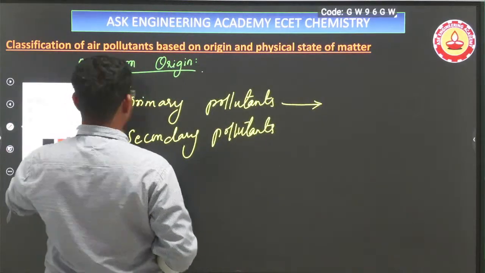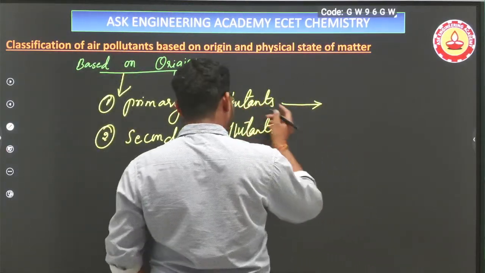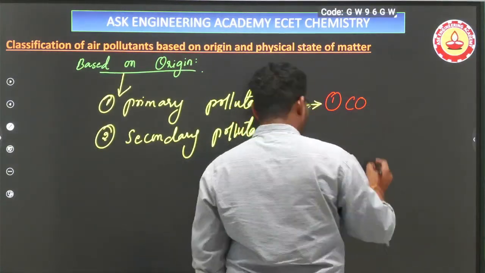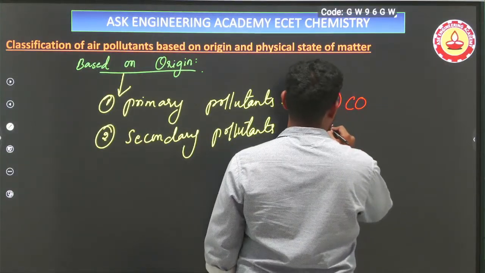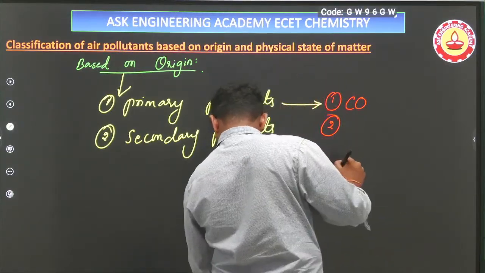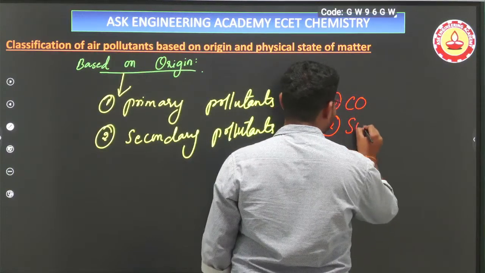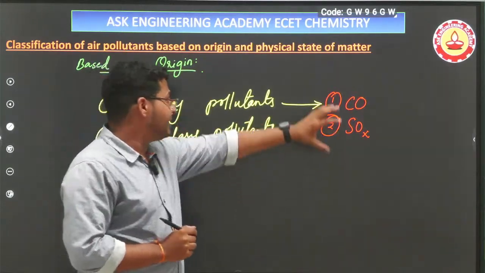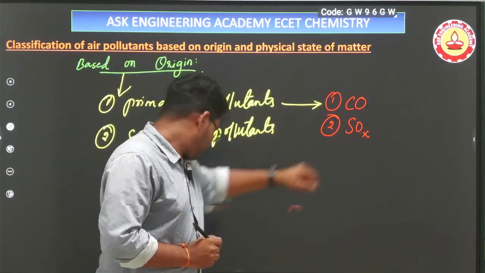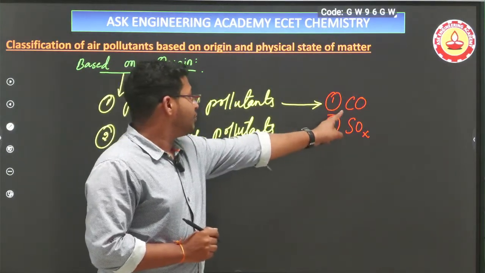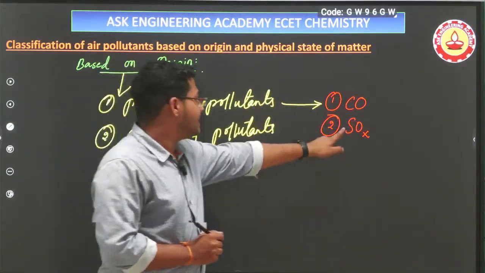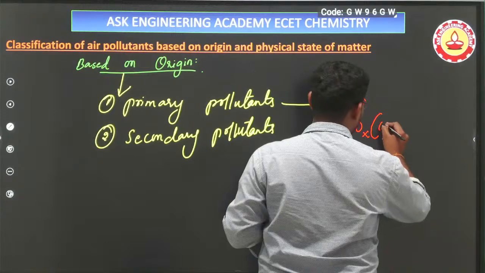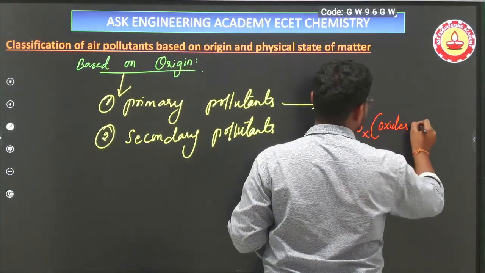What are primary pollutants? The primary pollutants usually involve, first one is carbon monoxide, CO. Second, SOx, in the sense oxides of sulfur, very, very important.